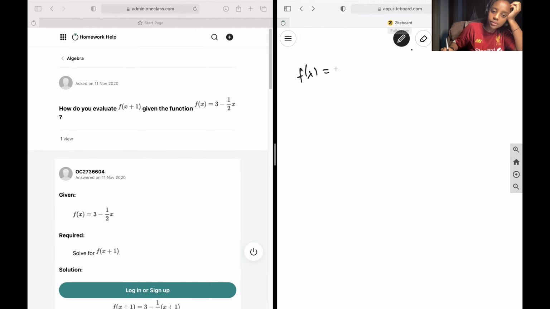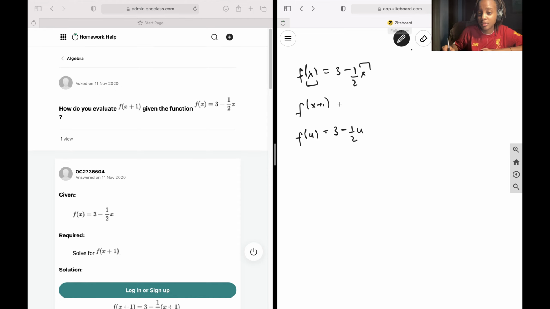So what is usually in this bracket is just what we're putting in the place of x. And so in the scenario of f of x, we put x in the place of x. So if we had, for example, f of u, we just do 3 minus 1 over 2 and replace x with u. Which means that in the scenario of x plus 1, we're just replacing x with x plus 1.